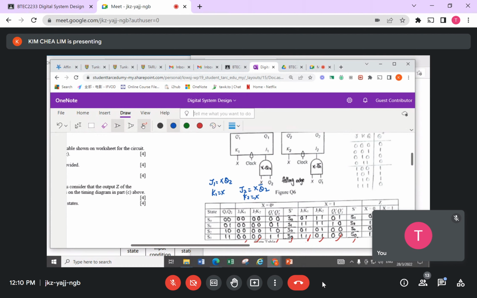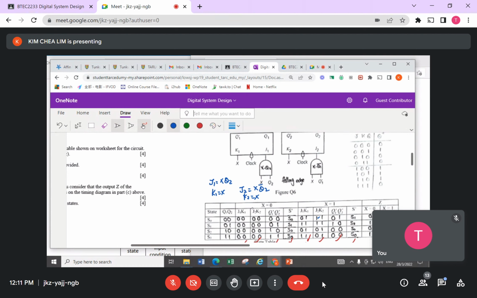So let's check here, Q2. First one, X is a 1, Q2 bar becomes 0 will become 1, so correct. This one here, once you put it in here, Q2 bar.